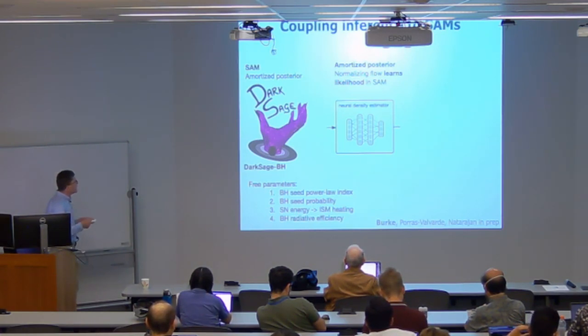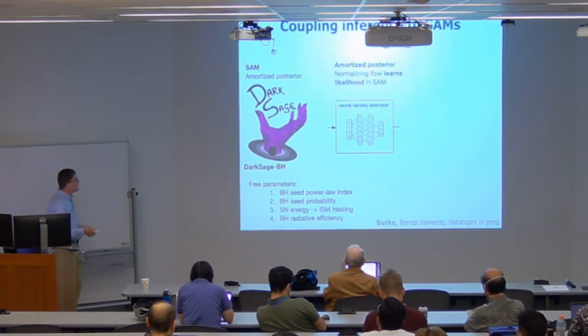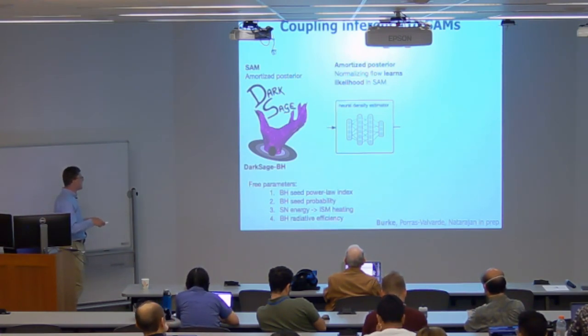And we're using simulation-based inference techniques, which can learn the likelihood function in the semi-analytic models using a neural density estimator, essentially a normalizing flow, where you define your prior distributions on these quantities, and then it learns the likelihood function directly.